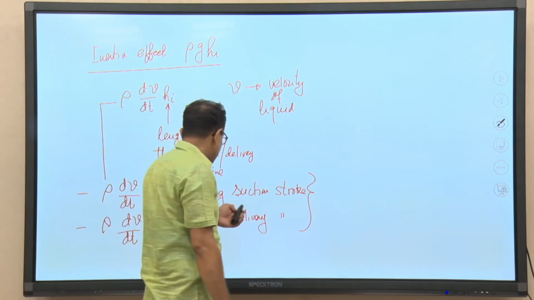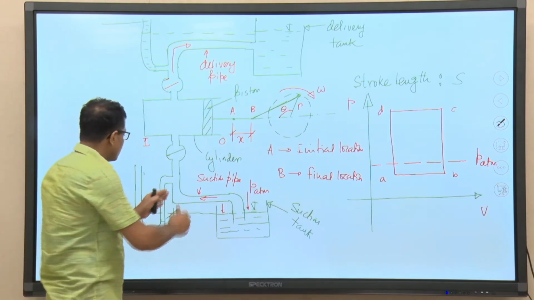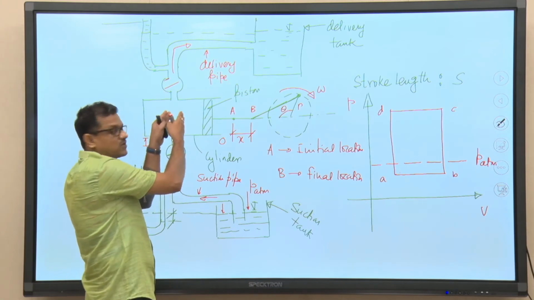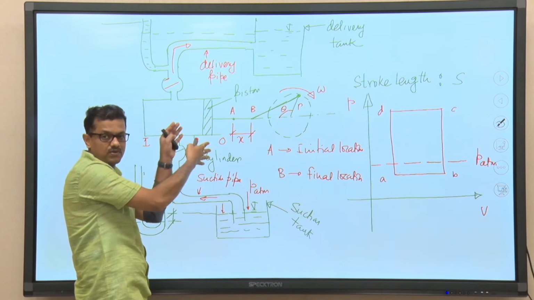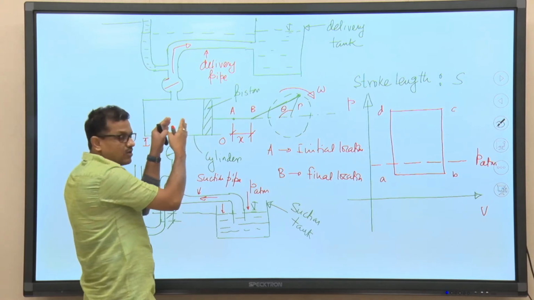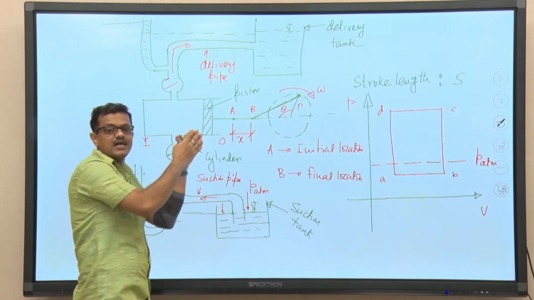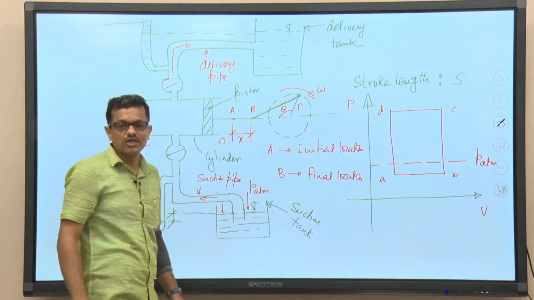The liquid is supposed to move towards the cylinder at the beginning of the stroke because of the additional pressure drop. We have studied in fluid mechanics that mass conservation, the continuity equation, will be satisfied.